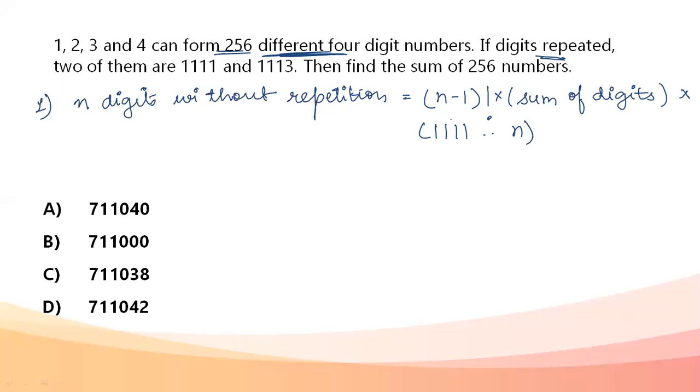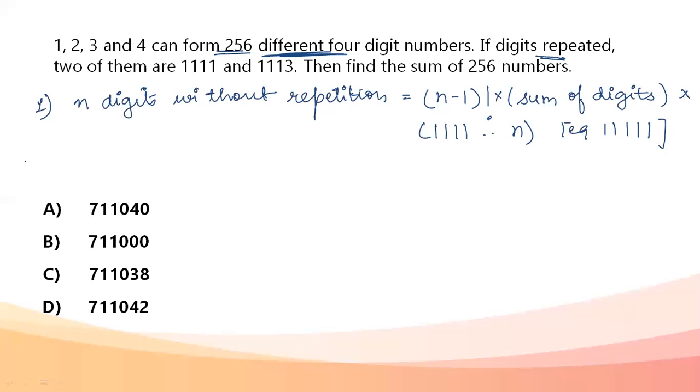Suppose there are 5 digits given to me and I have to find the sum of all the possible numbers. So I'm going to do 5 minus 1 factorial into the sum of those 5 digits, into 1 1 1 1 1, which will be multiplied.